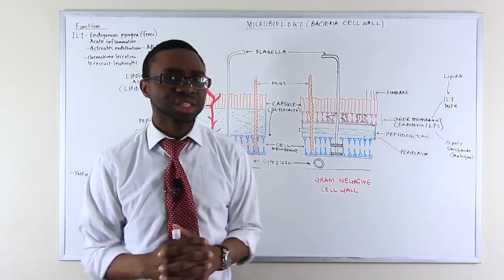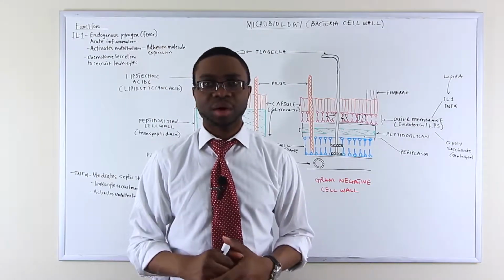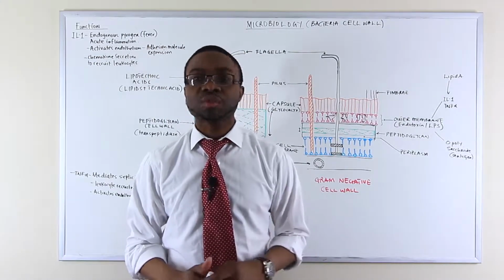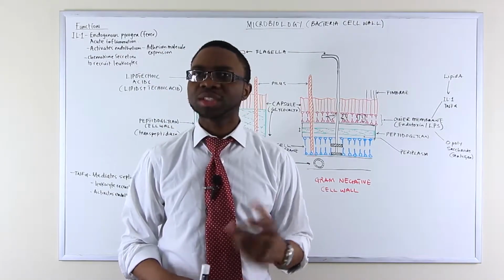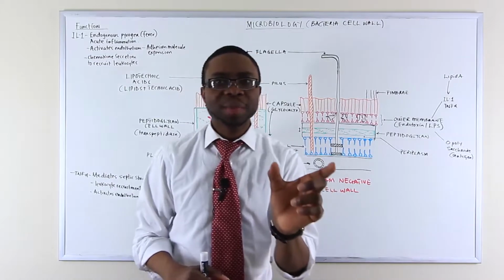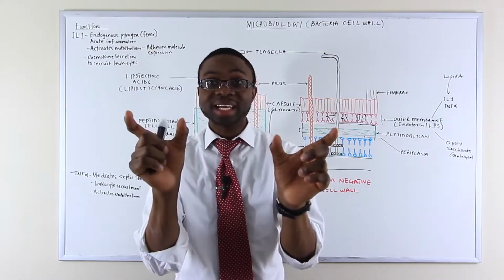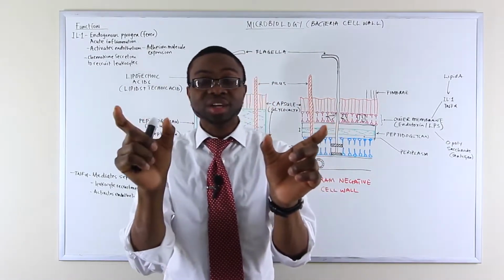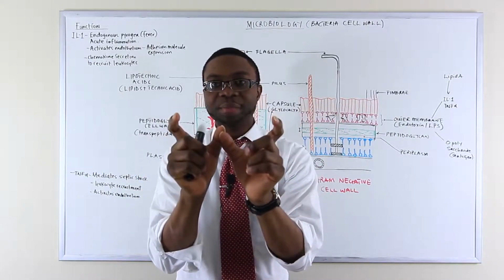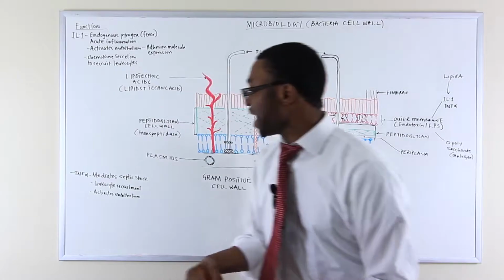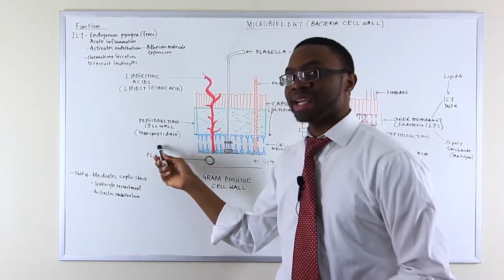So what are the functions of all these component parts of the bacteria? Well, let's start with the first one, peptidoglycan. Well, what's peptidoglycan? Peptido means peptides, and glycan, amino acid and glucose, right? So in order to take an amino acid and a peptide together, you need the enzyme transpeptidase, right?